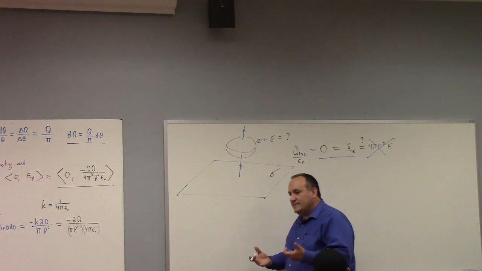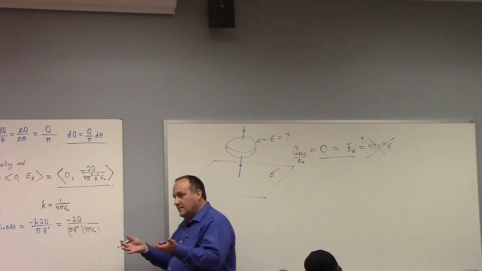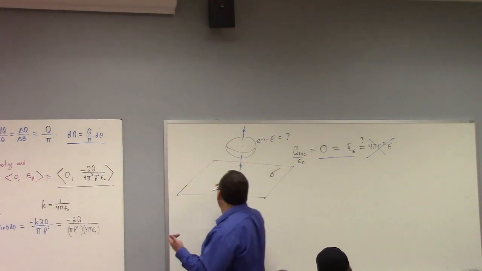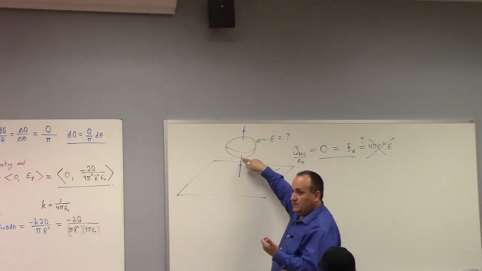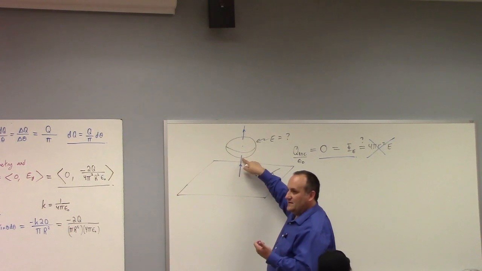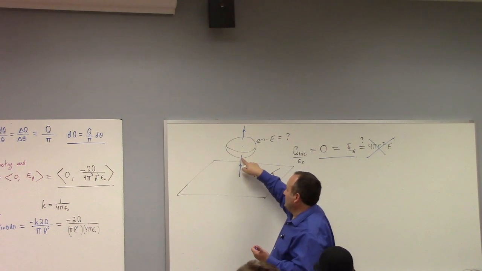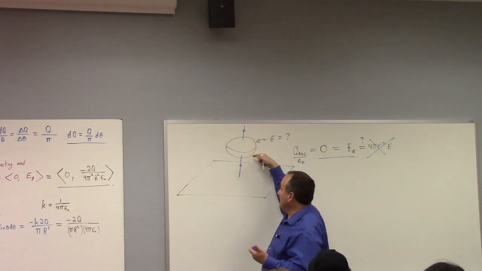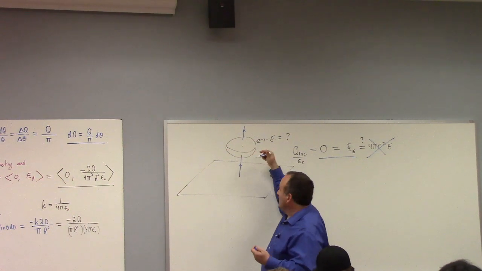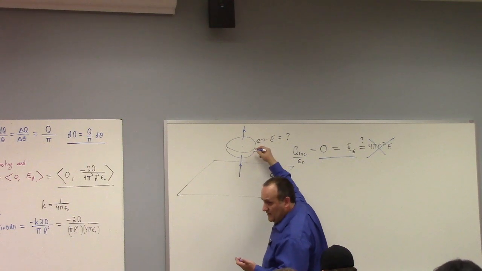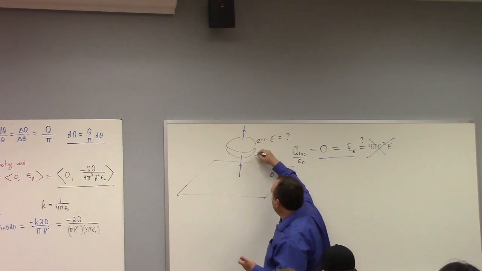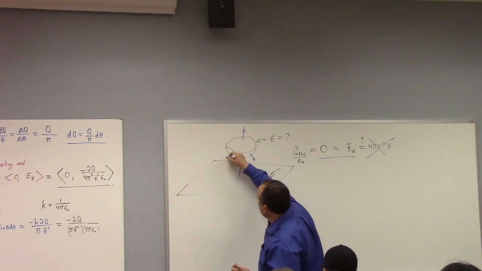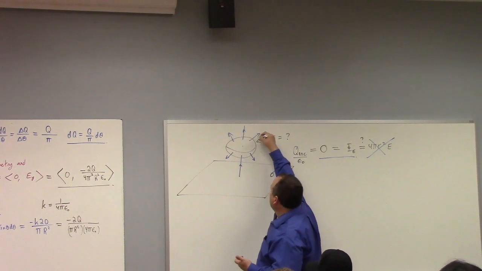I cannot write electric field times area because the electric field varies. The flux that cuts through the sphere is different at different points, not because of the electric field being interesting, since it's actually perpendicular to the plane, but because the normal to the Gaussian surface points in different directions in different places.